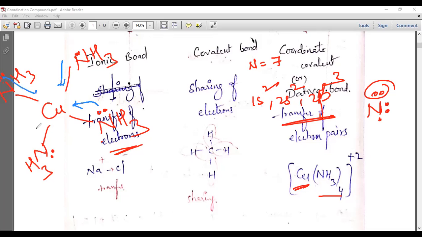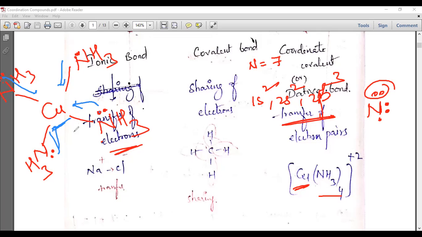These electron pairs are transferred to this central metal ion. Why is it giving them to the central metal ion? Because the central metal ion is a transition element.